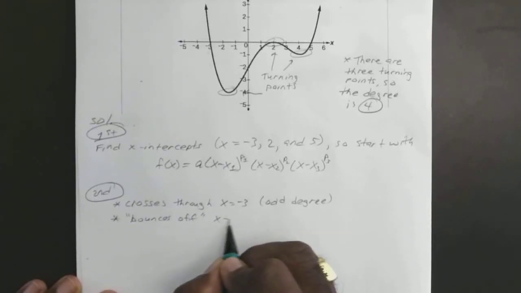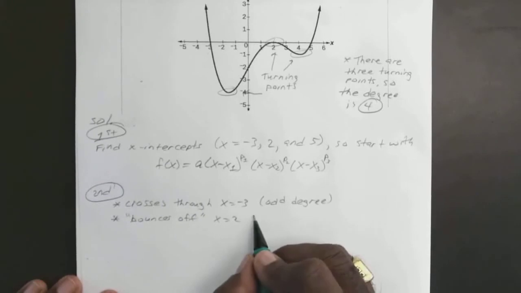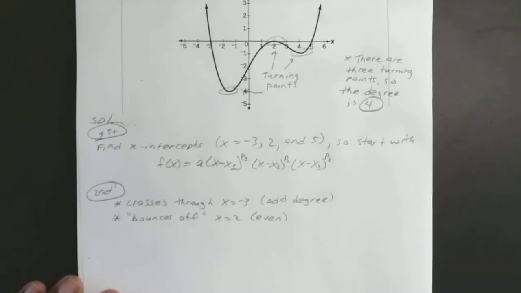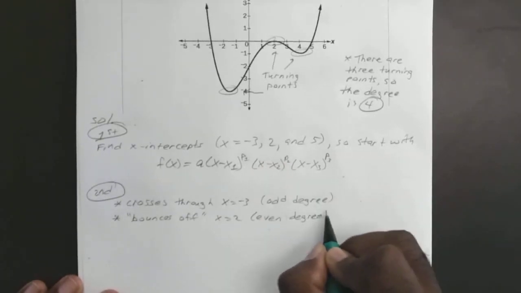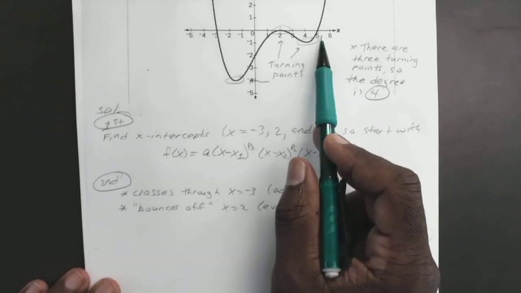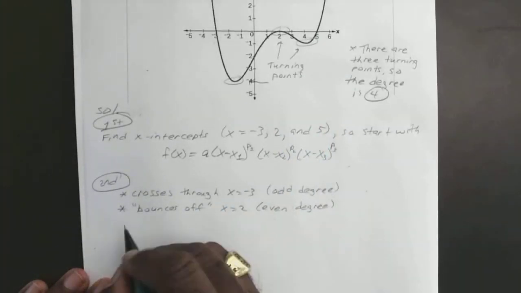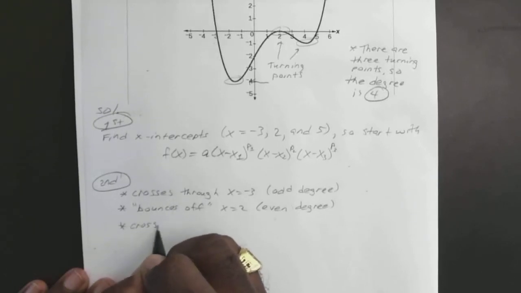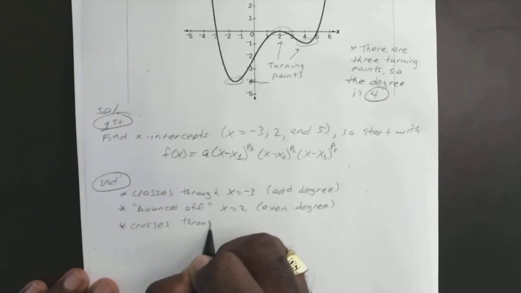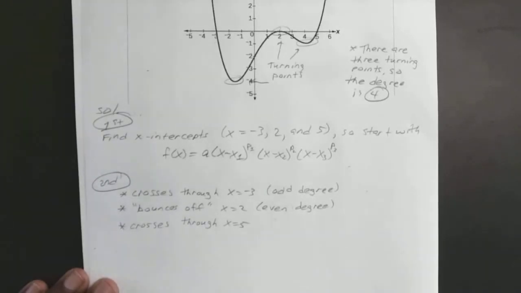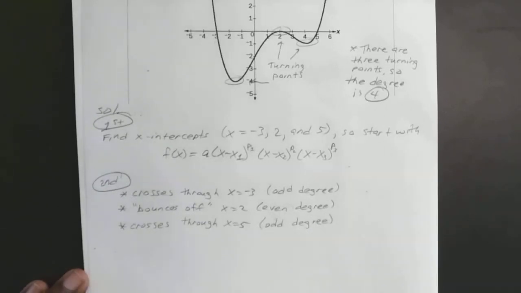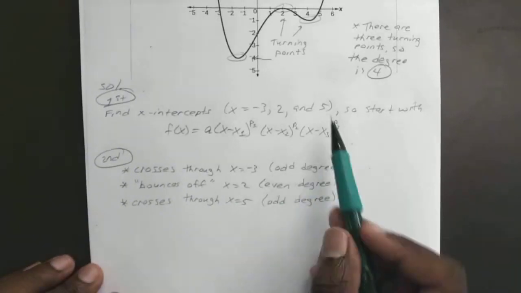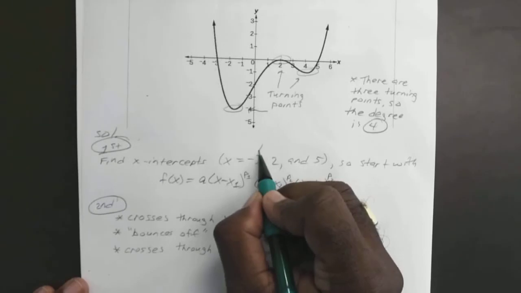At x equals 2, it kind of bounces off, so we know that power is going to be even. And for 5, it crosses right through, so we know that's going to be odd.